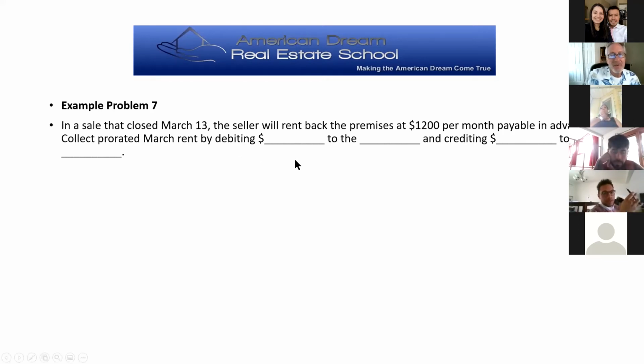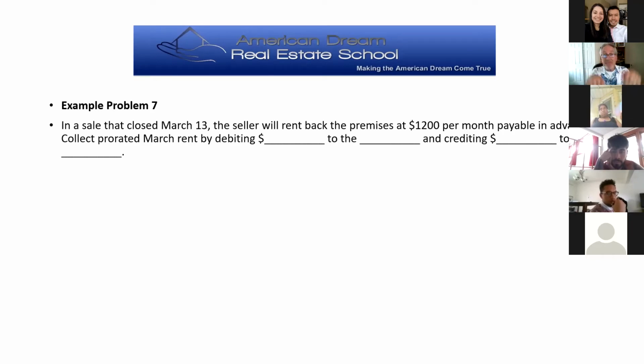Typically I'm always telling you, anything paid in advance is going to be a credit to the seller and a debit to the buyer. However, this is what's happening in this scenario. We have a closing happening on March 13th, but the owner of the property, the seller, is not moving out.